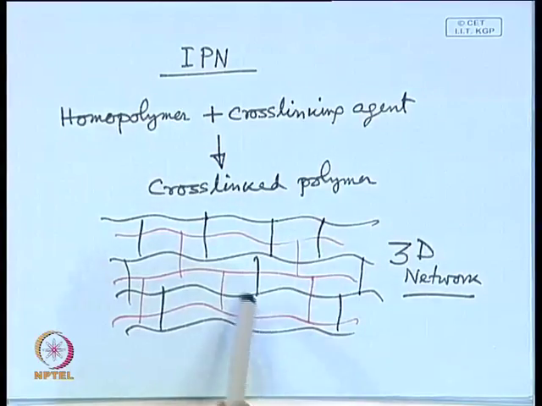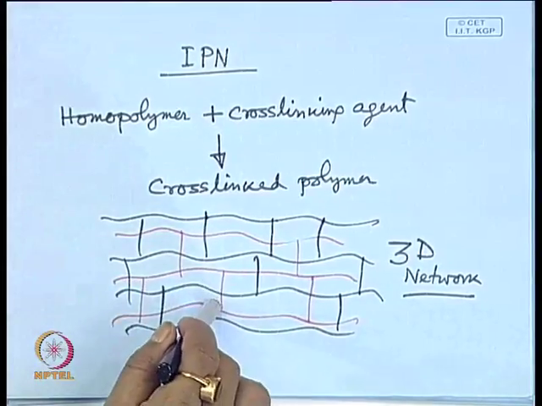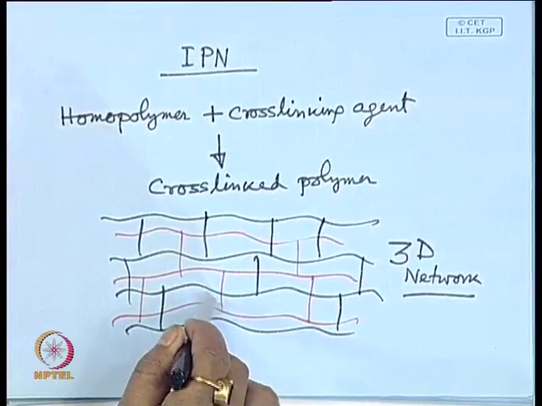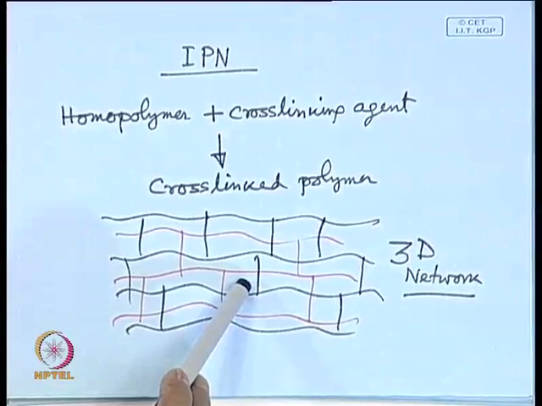There is a lot of space available inside, and you have incorporated the monomer, so you have allowed the polymer to grow inside this gel. So, the second polymer is grown over there, then you add a cross linking agent which will specifically cross link the second polymer. So, you will get two interpenetrating 3D networks.